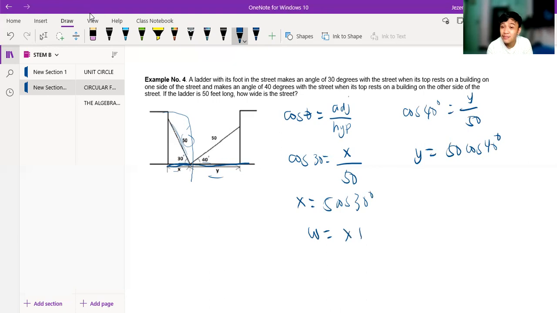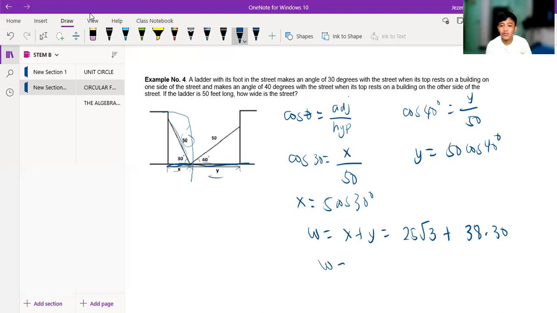Pag-add natin si x plus y, which is 50 cosine 30, so 25 square root of 3, plus si 50 cosine 40 naman ay 38.30 feet. Okay?